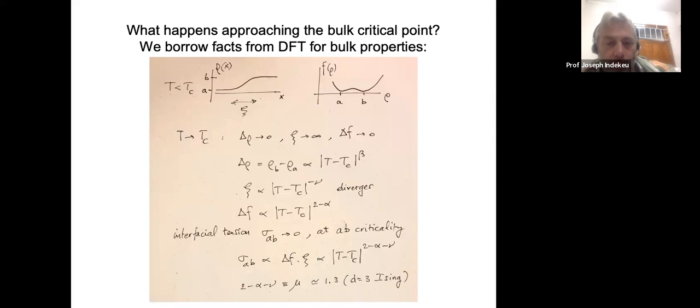Now, in practice, the value of this exponent, mu, for fluids that are typical in a three-dimensional laboratory setting would be around 1, a little bit larger, 1.3. And it can be calculated in model calculations for models that belong to the same universality class as this experimental system under consideration. And for binary fluids of the type that we're considering, this universality class is the same as that of the three-dimensional Ising model ferromagnet.